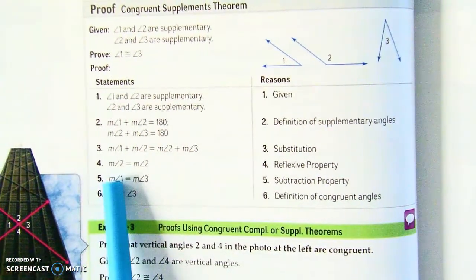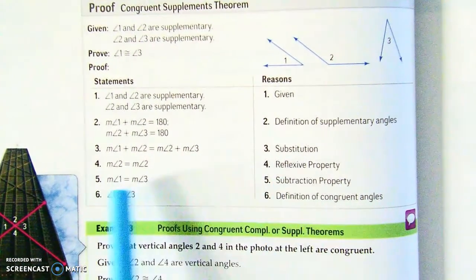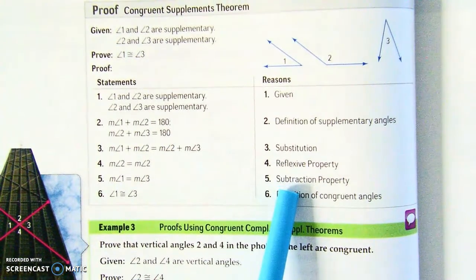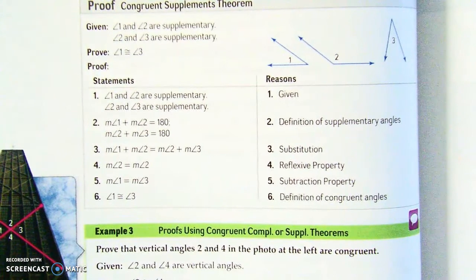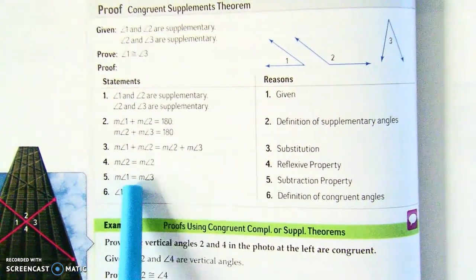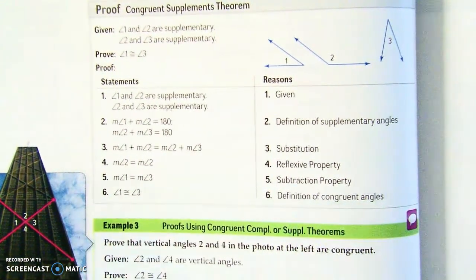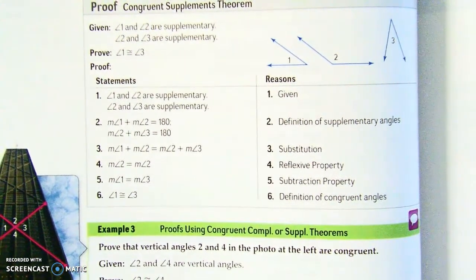So we need to identify that these two are equal to each other by the reflexive property. Then we cancel them out based on the subtraction property, because they're one on each side. And then we can say that angle 1 and angle 3 are congruent to each other, even though we have it up here already. Remember, this has the equal sign in it, and we need to change it to congruent, so we have to use the definition of congruency. You don't have to say congruent angles if you don't want to.